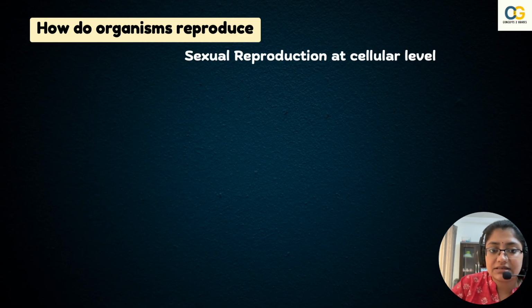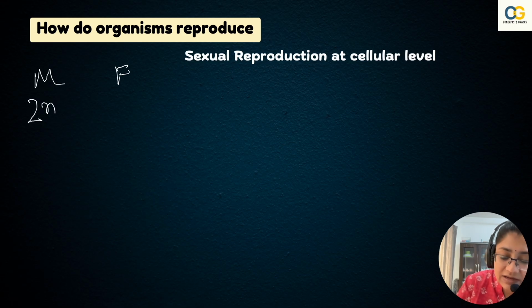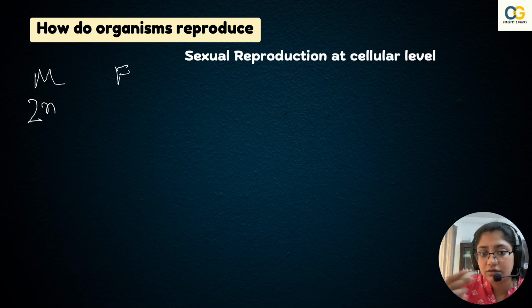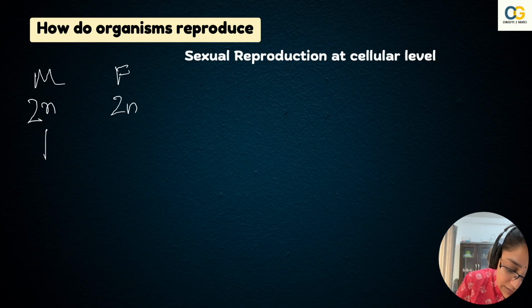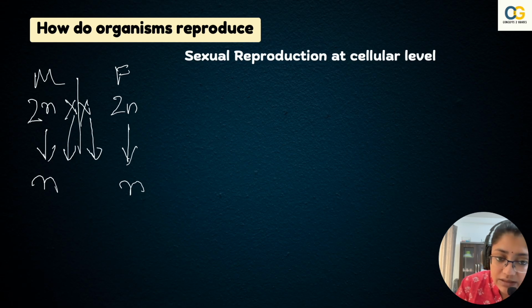Let us consider the mother and the father. Let's say the mother has 2n sets of chromosomes. We have pairs of chromosomes, right? We have 23 pairs of chromosomes, so a total of 46 chromosomes. In the same way the father also has 2n. So the mother will generate a gamete which has n chromosomes. How does this happen? You have two sets of chromosomes like this, they split, one goes to one gamete, one goes to the other gamete.